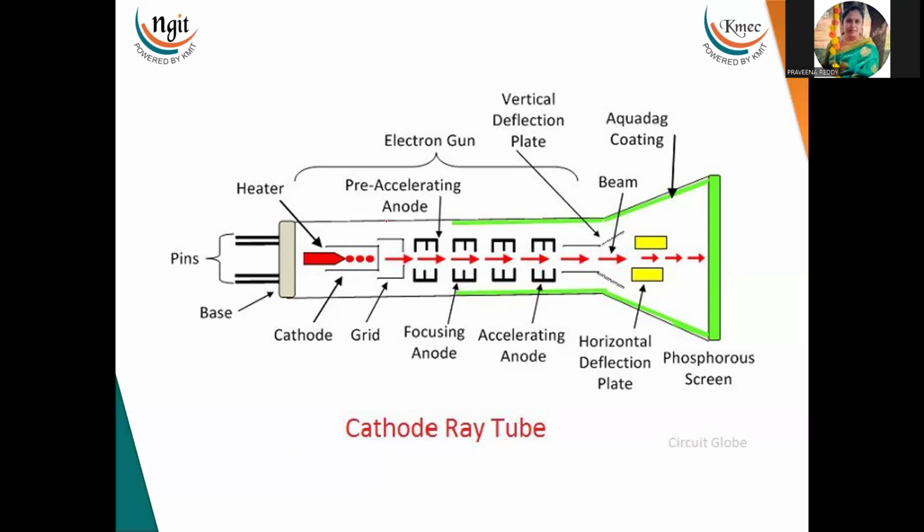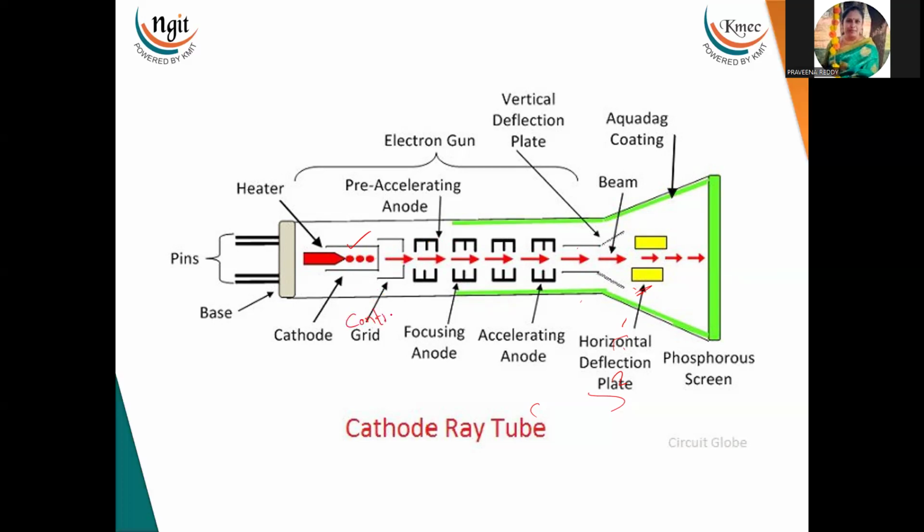And for these pins, voltage is applied. With that voltage, the heater will get heated, and thereby the cathode will generate the electrons. Now here you can see the cathode generating the electrons, and these electrons are passing through the control grid.